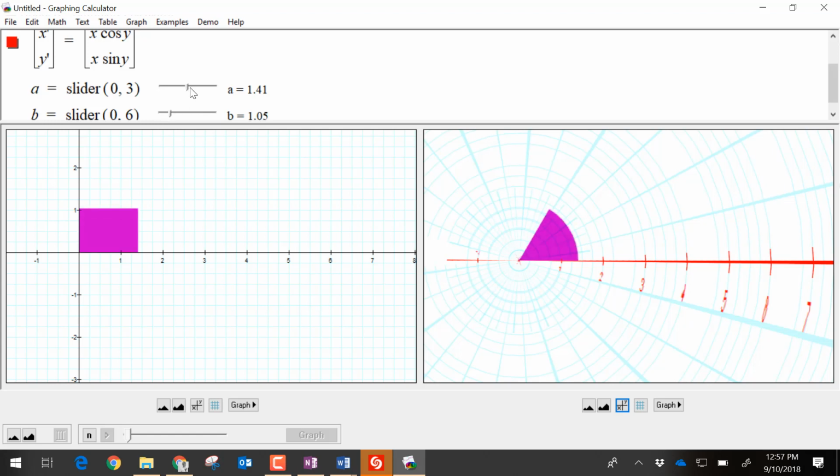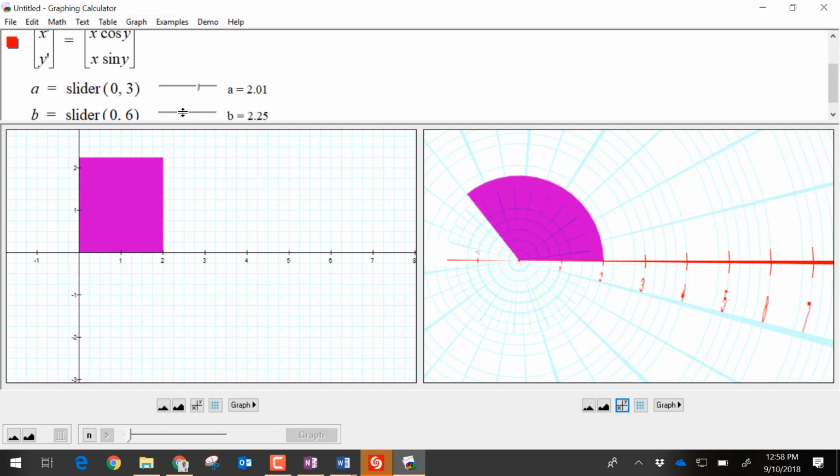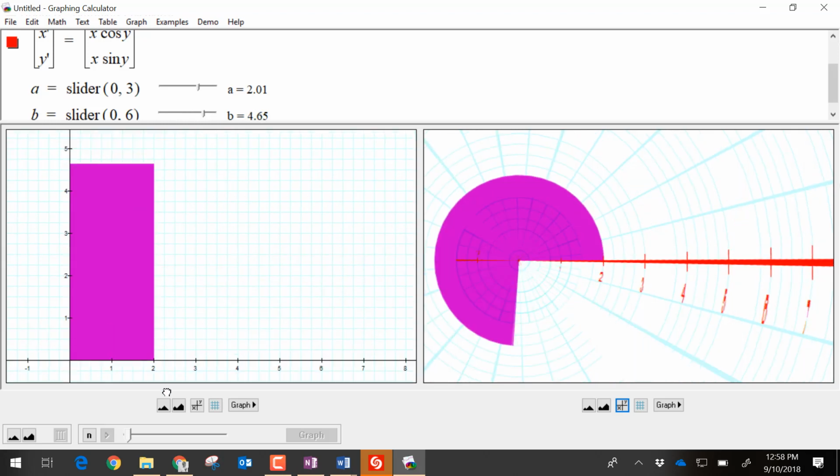There we go. So if I adjust my A, remember A is my adjustment in the x-axis, and we said x is going to be the radial distance. As I adjust my A, my x values, my radius, gets larger or smaller. And if I adjust the B, which is the y-axis, which I said was the angle, adjusting the B would make the angle move in your radial measurement.